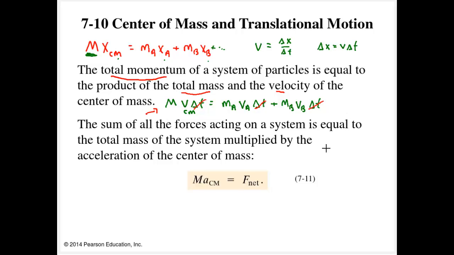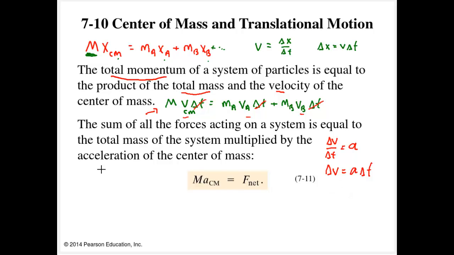I can of course take this a step further and say my system is accelerating, so the velocity is changing, and a change in velocity divided by a change in time is equal to the acceleration. All of these velocities become changes in velocity, and I can write the change in velocity as the acceleration multiplied by delta t.